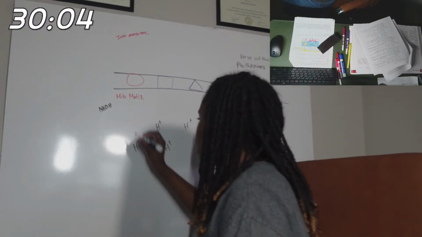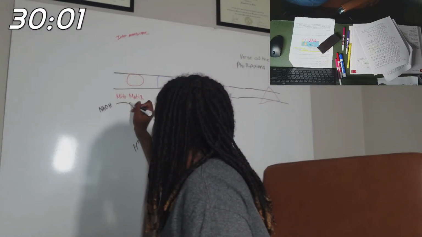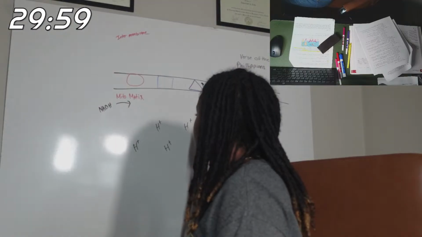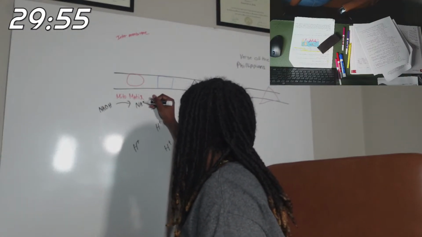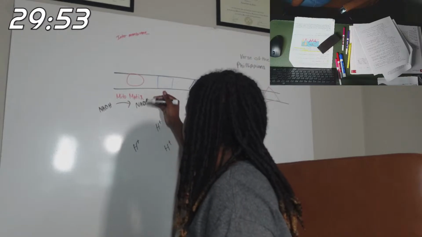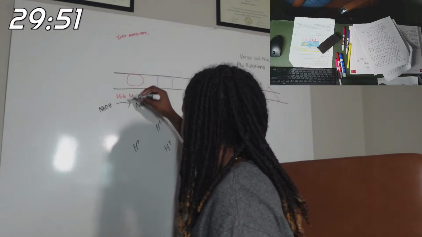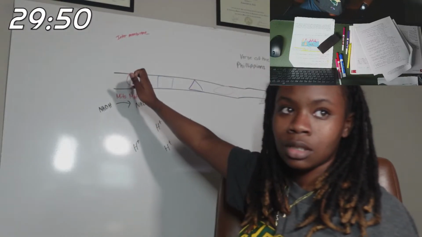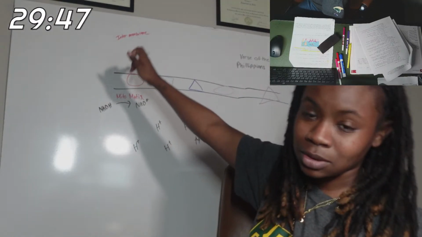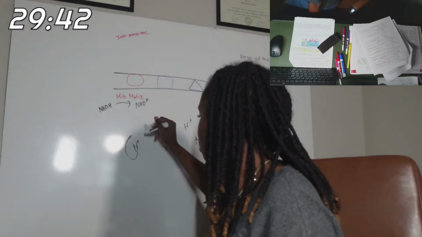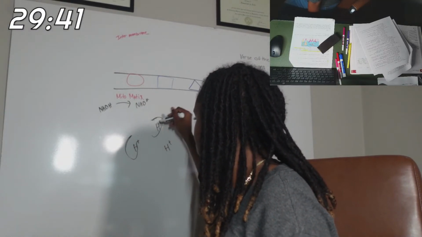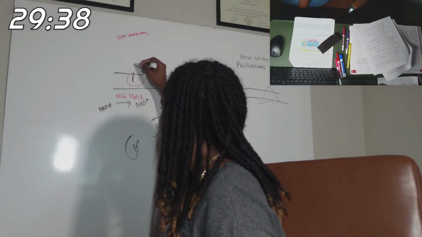NADH reduces to NAD+ over here at complex 1. Complex 1 is supercharged, and it's literally taking up all of these little hydroniums just floating around, and it's pumping them out this way.